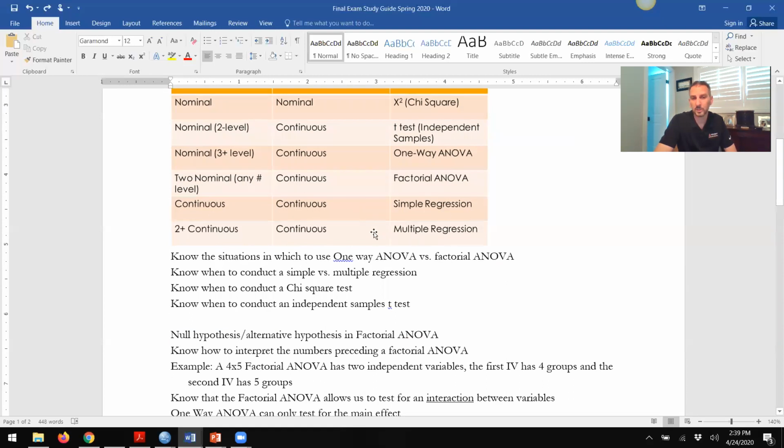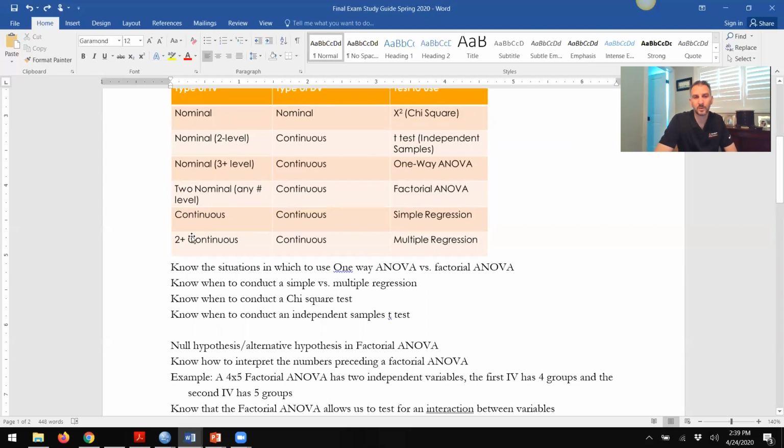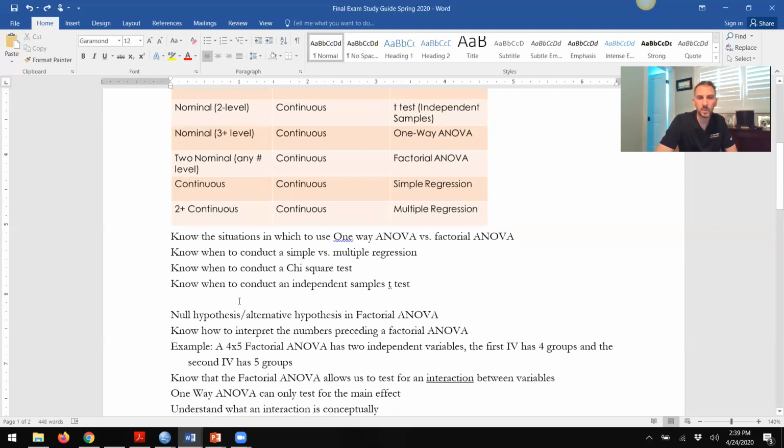A multiple regression would be when you have two or more independent variables. Know when to conduct a chi-square test, when the independent and dependent are both nominal. And know when to conduct an independent samples t-test. So there are a few questions that ask you, okay, here's some variables. So you have to figure out what type of variable it is, and then also figure out which type of statistical test you would use.